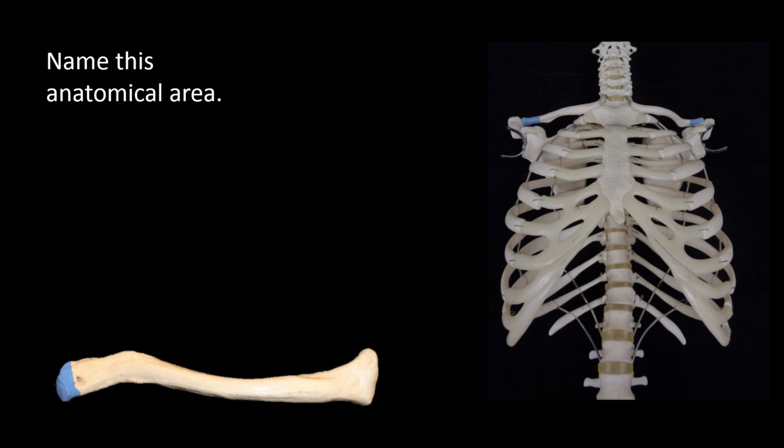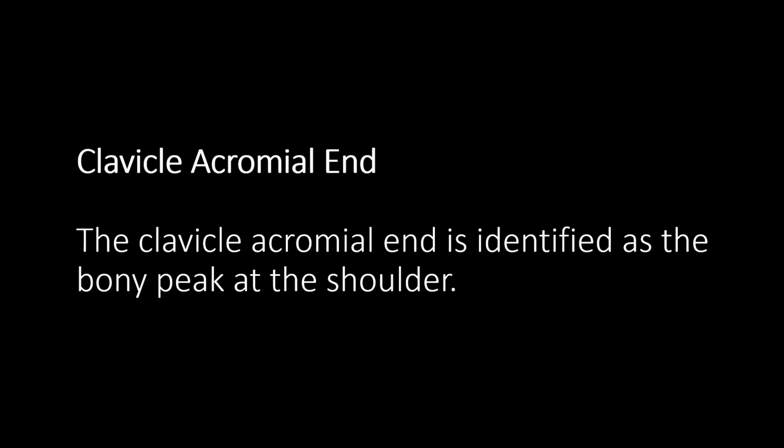Name this anatomical area. Clavicle acromial end. The clavicle acromial end is identified as the bony peak at the shoulder.